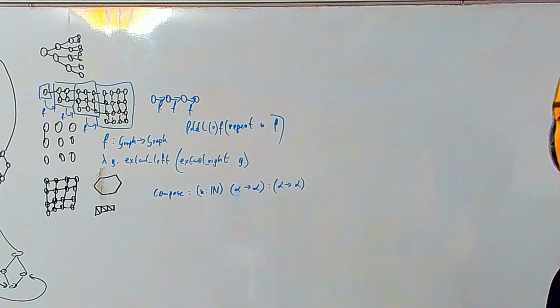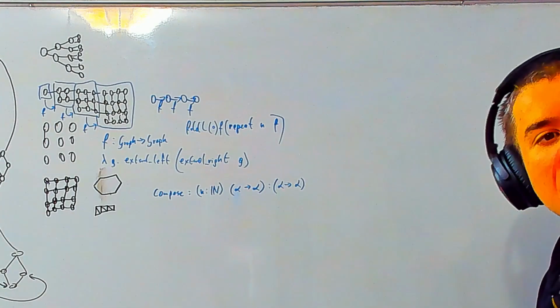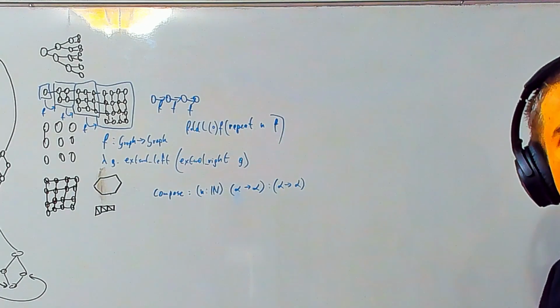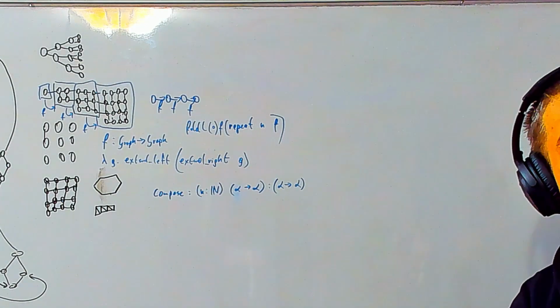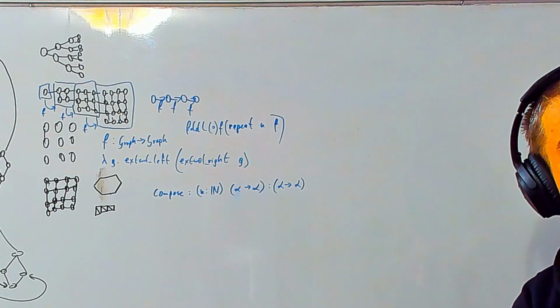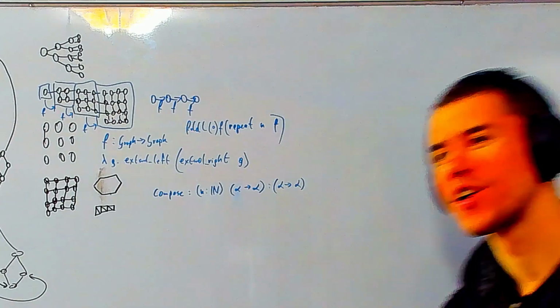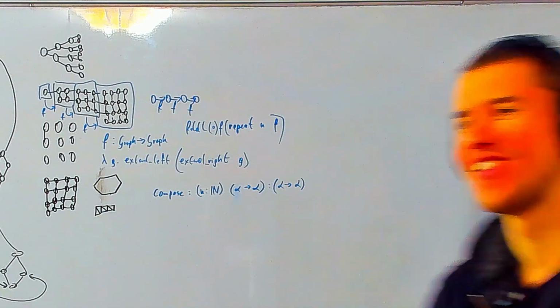And then in the code, write: if it's a natural number, do this, otherwise do this. Yeah, that would work. Nice.